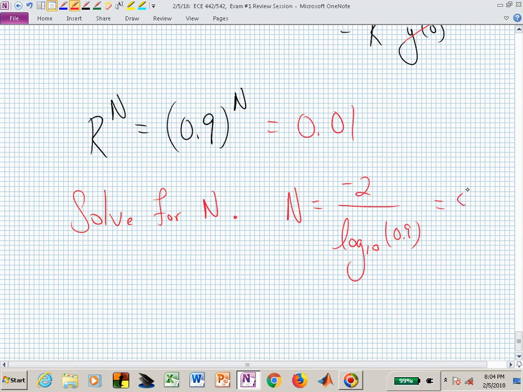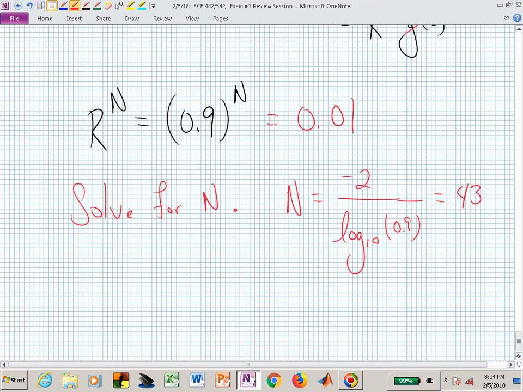And in this case, n ends up being 43. We'd have to hit 0.9 43 times before it gets less than 0.01 of where we started. So it takes a while if you have a pole at 0.9. It takes 43 samples to be finished if we call 1% our settling time.